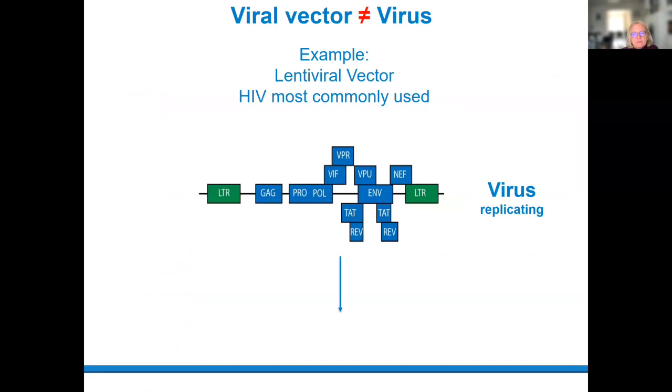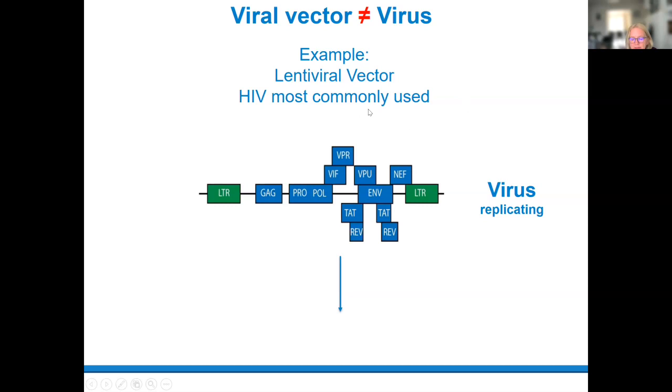Now, the other thing I just wanted to highlight, and Simon alluded to this: when we talk about a viral gene therapy vector, it's not a virus anymore. And this is really important because a lot of the viral vectors that are currently used are based on a lentivirus. And some of you might know that many of the lentiviral vectors we are using are based on HIV viruses.